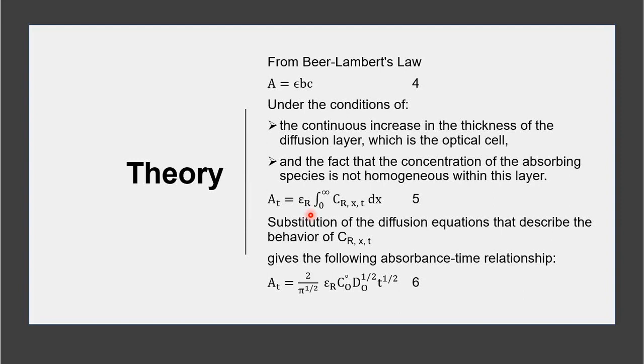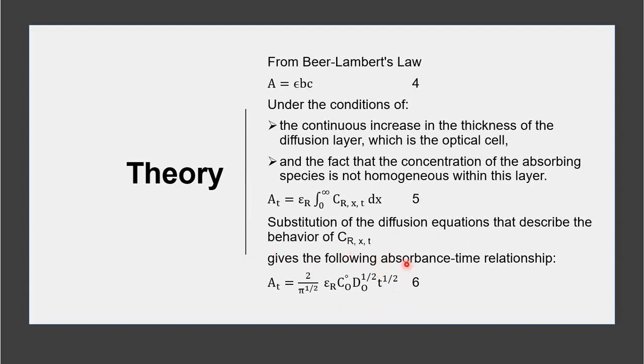So in other words, the formation of the reduced species is giving us information about the concentration of the oxidized species also. So we put the integral over here from 0 to infinity, and then the concentration of reduced species at any time t and distance x, and substitute the diffusion equation that describes the behavior of the concentration of reduced species.